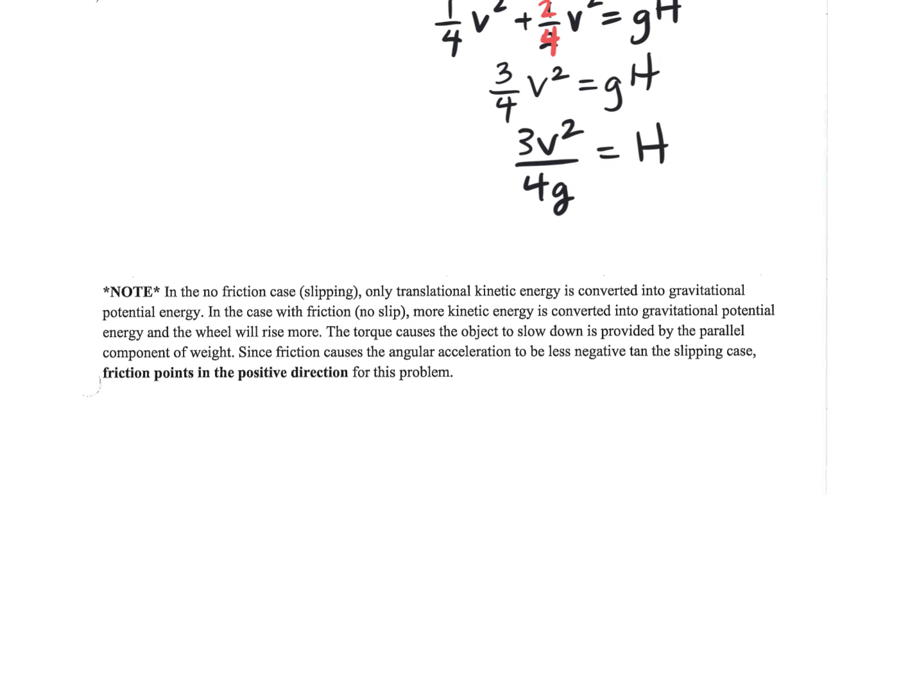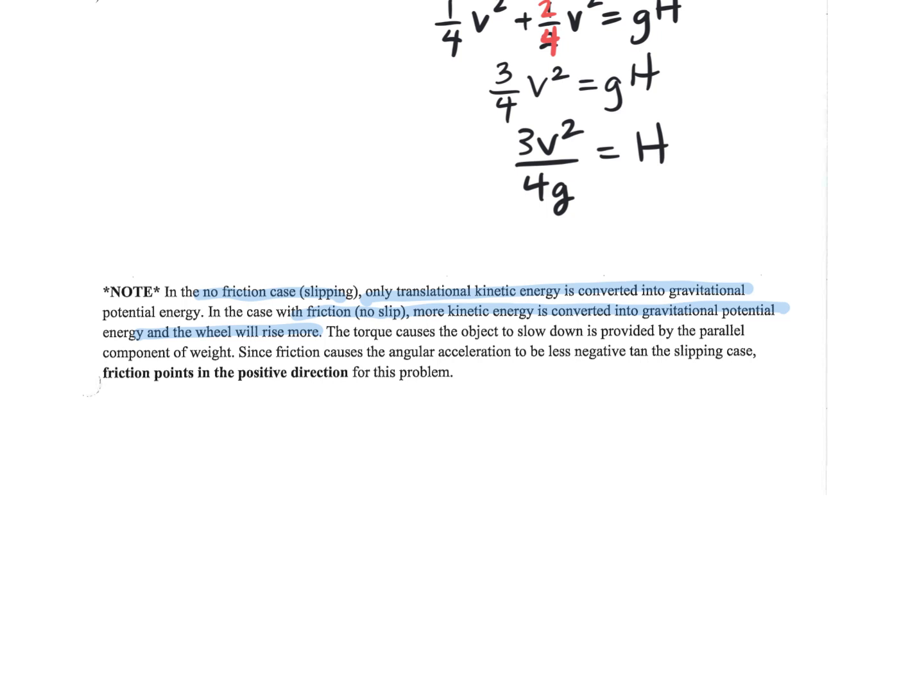Okay, so I'm finishing up the notes for you here. One of the things you need to notice under the note right here, if you'll read it, it says in the no friction case, only translational kinetic energy is converted. We talked about that. With friction, you get more kinetic energy converted into gravitational potential energy, and the real object actually rises more.